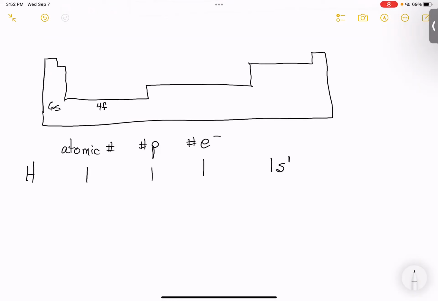So what this is telling you is this is the N value, the principal quantum number. This is the L value, or in other words, the subshell that it is. And then how many electrons are in that shell?